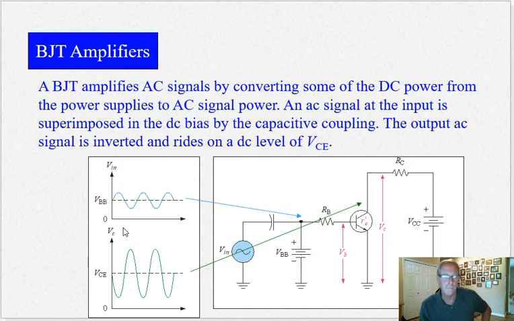Now notice something, this is important. As the base voltage increases and the corresponding base current increases, the collector emitter voltage drops, right? Because you're moving towards saturation as you increase your base.